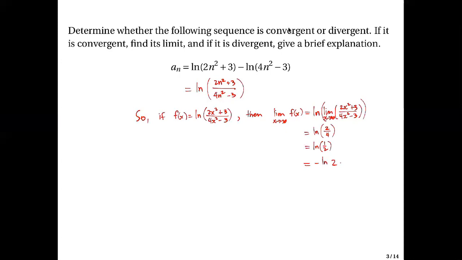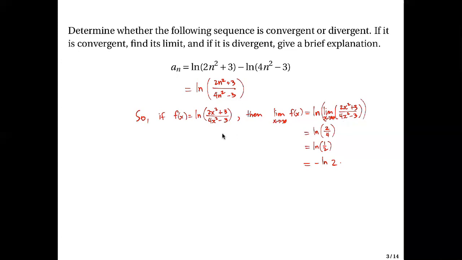Now, take note that this part here is necessary so that when you find the limit of the function as x approaches infinity, you can bring it inside the logarithm. Take note that you can only do this if you have a continuous function.